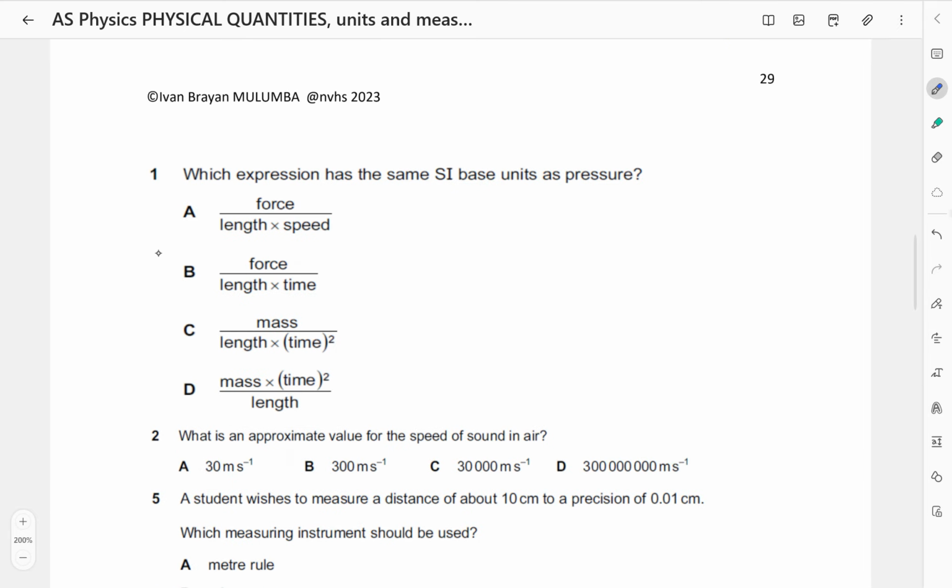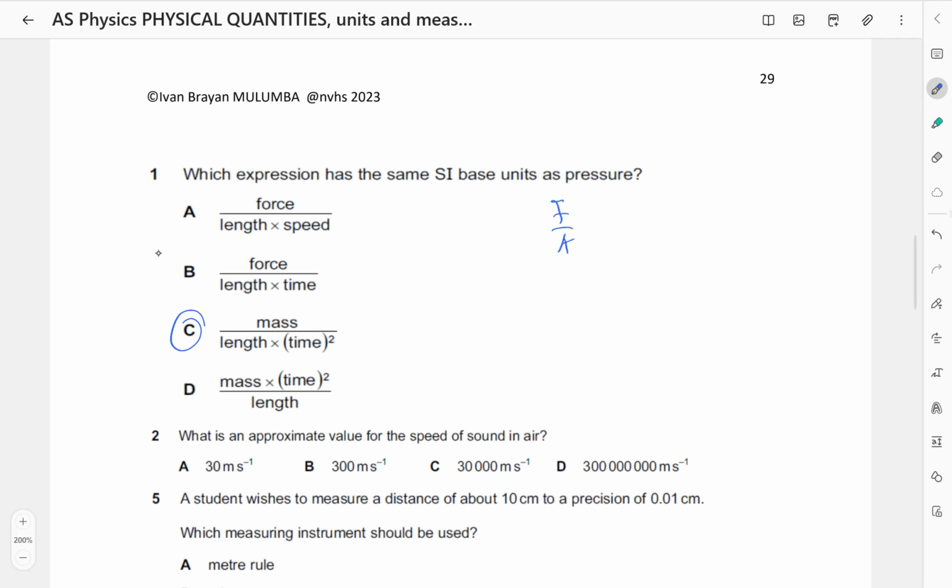Which expression has the same SI base units as pressure? Remember, pressure is force over area. I think the answer is C, because pressure is force over area.